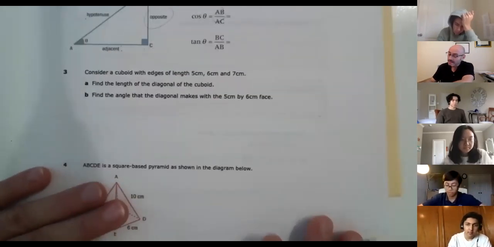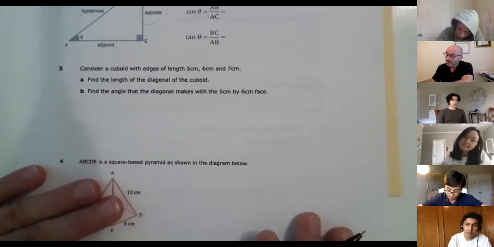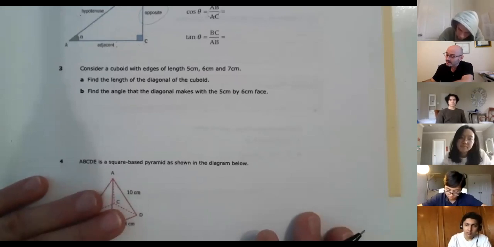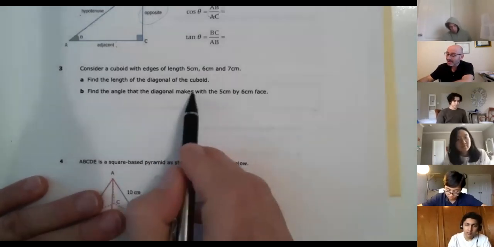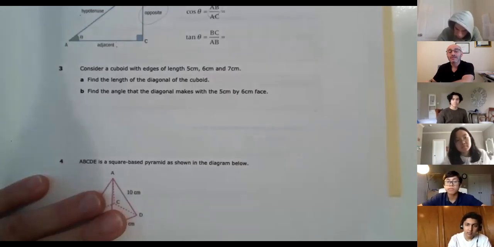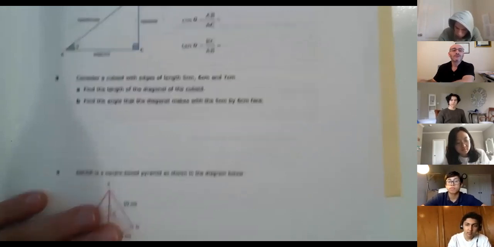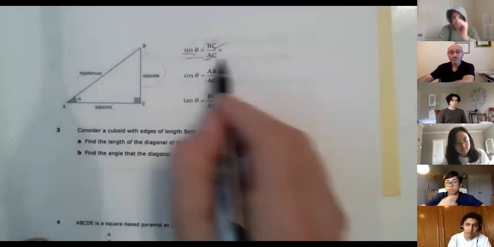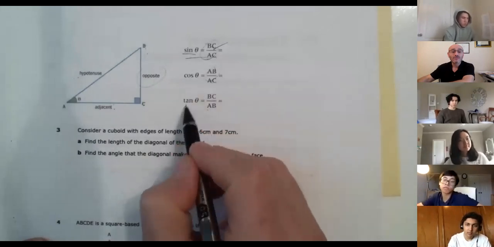So it says, consider a cuboid with edges 5, 6, and 7. Find the length of the diagonal. Isn't the sine and the tangent switched in place, like on the top? Yeah, that's what I'm saying. These two are incorrect. Looks like this one is also incorrect.